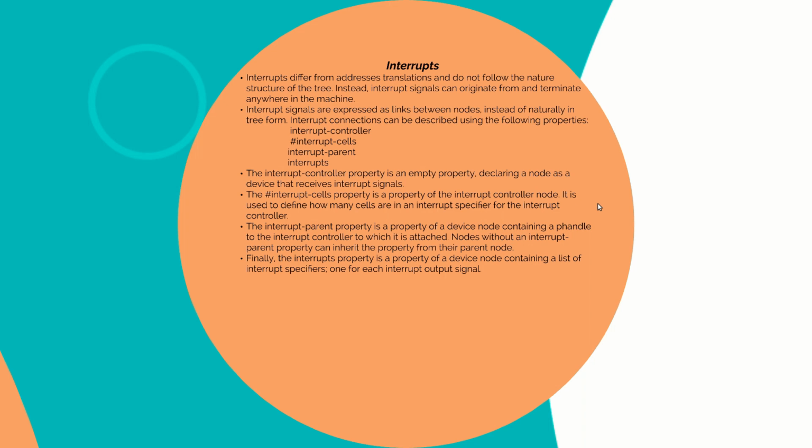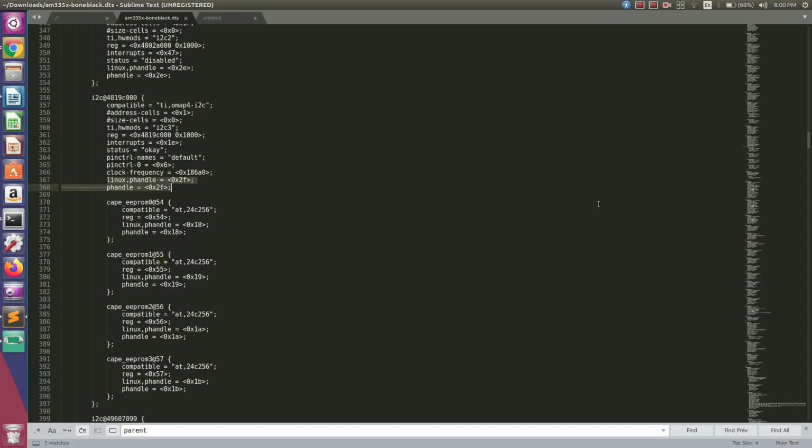So if you don't have the property in your child node, then it will get it from the parent node. As I'm explaining here, as this will not have any interrupt information, it will get it from your parent.